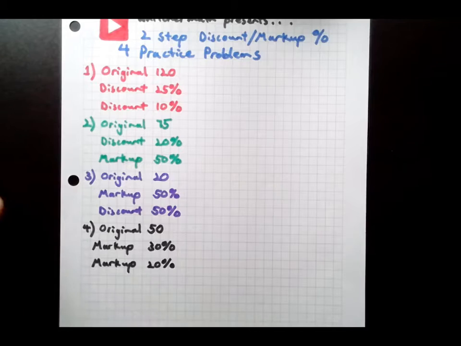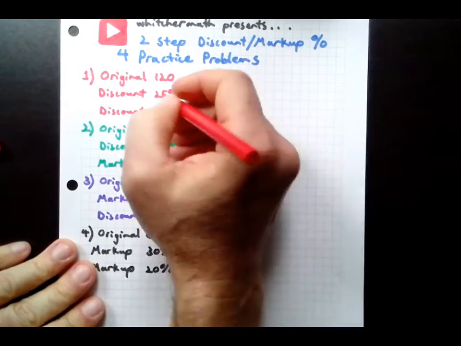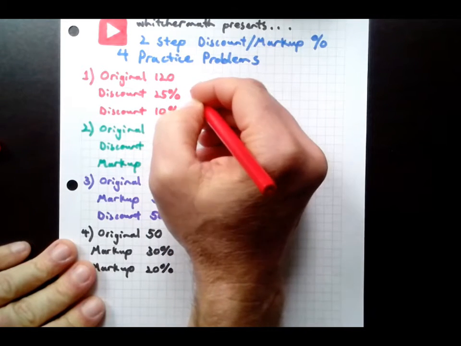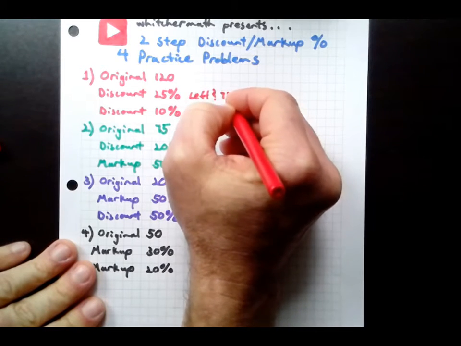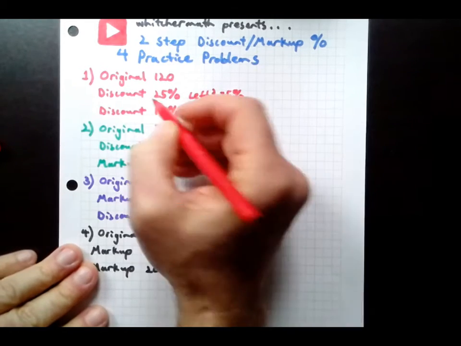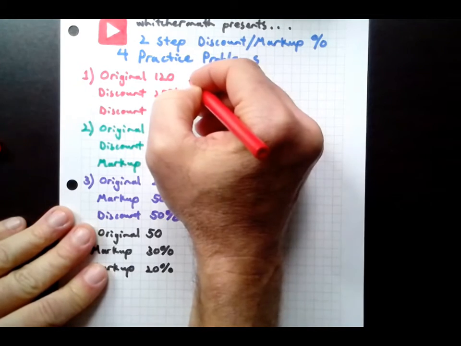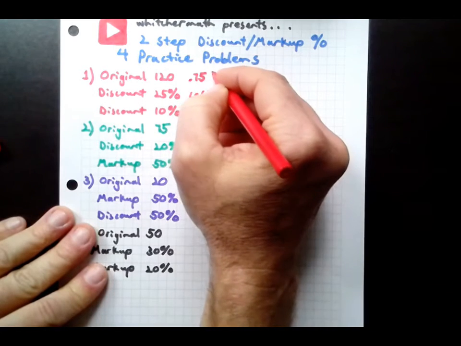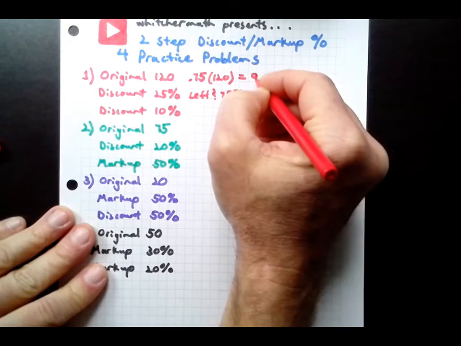So, our first practice problem, we have an original of 120. A discount is 25%, which means what's left is 75%. So we'll still have 75% left out of the 120 after we take away a 25% discount, which means from a math standpoint, we get out the calculator and we just take 75% of 120, which gets us to 90.